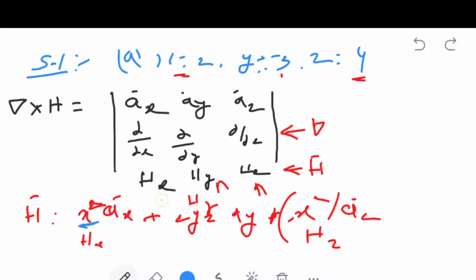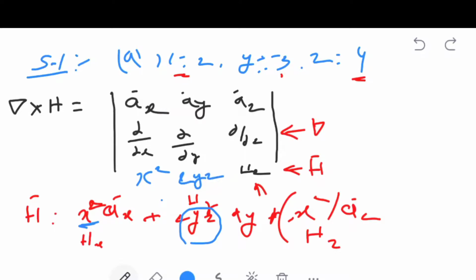In place of hx we substitute x square. In place of hy we substitute 2yz.